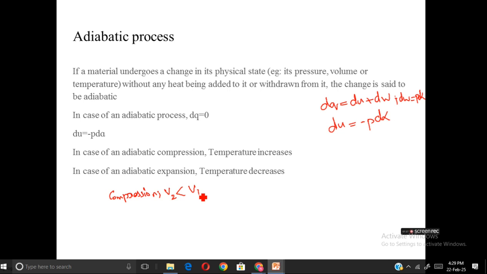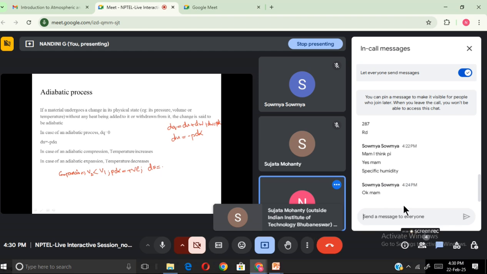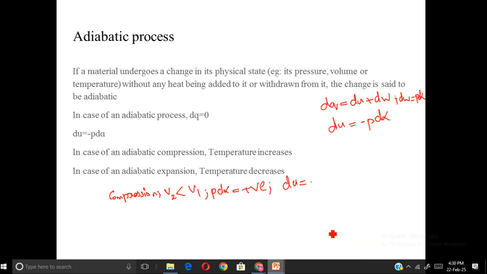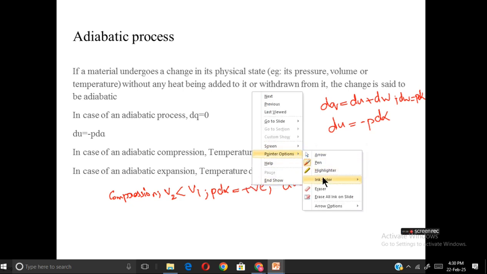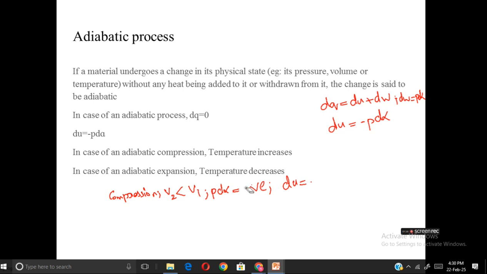Then p dV will be negative, because dV is negative, so according to the equation du will be positive.